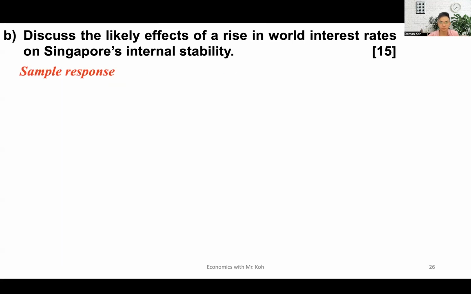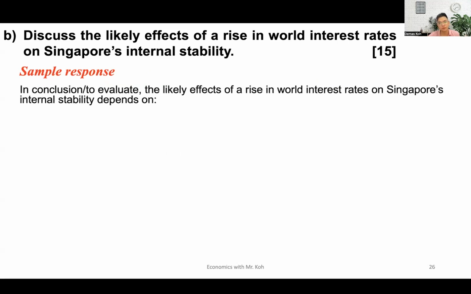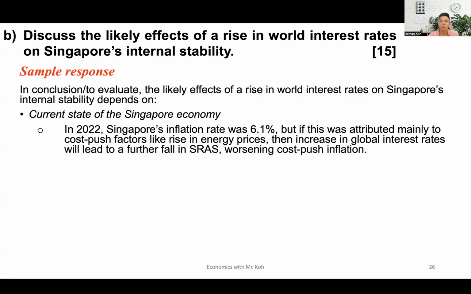So this is a sample response, right? In conclusion, the likely effects of the rise in world interest rates on Singapore's internal stability depends on the current state of the Singapore economy. So in reality, last year, 2022, Singapore's inflation rate was rather high at 6.1%.